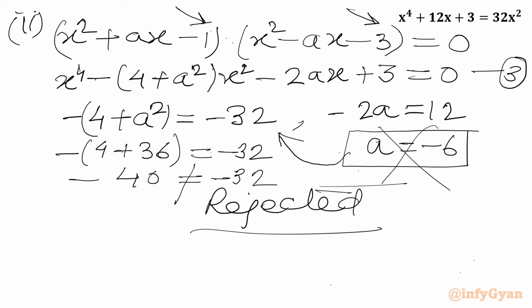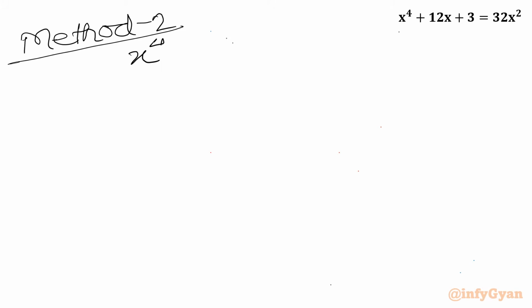Now I will consider method number 2. Our equation was x^4 = 32x^2 - 12x - 3.